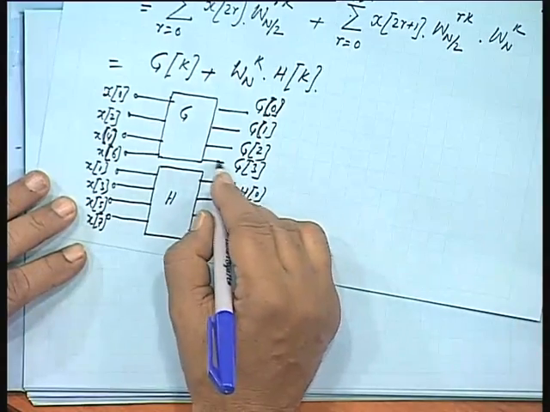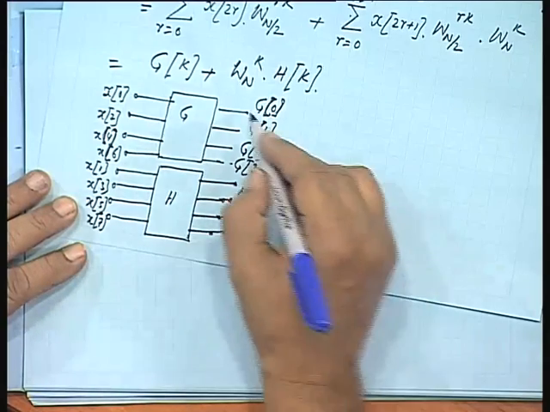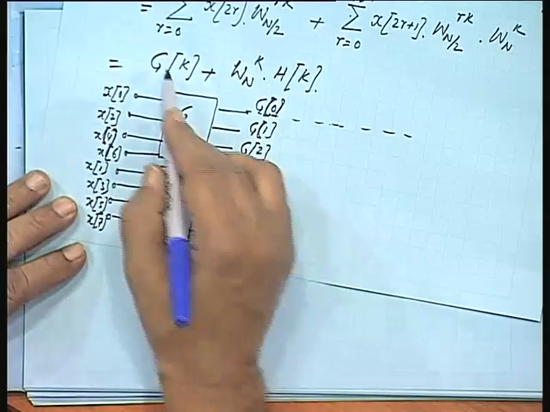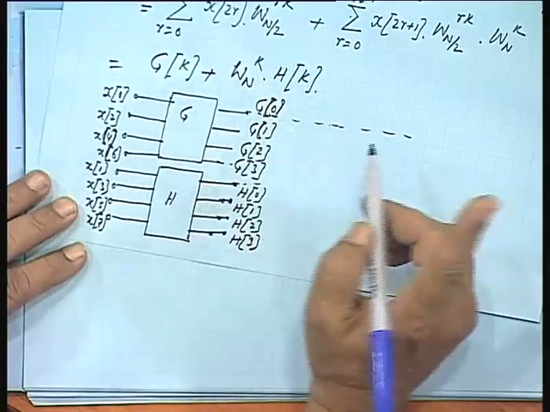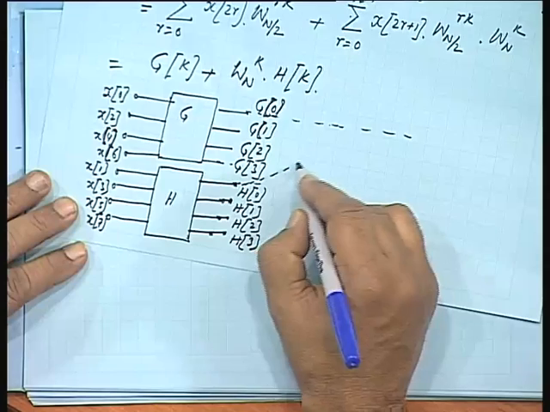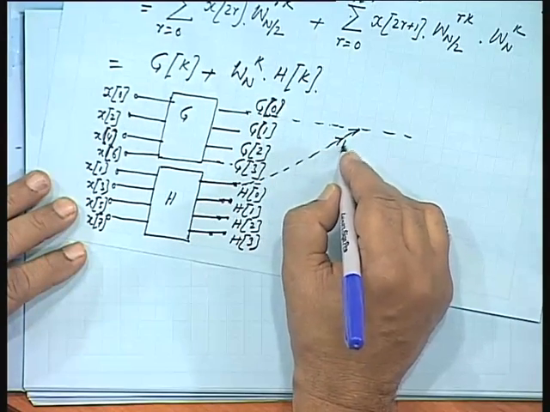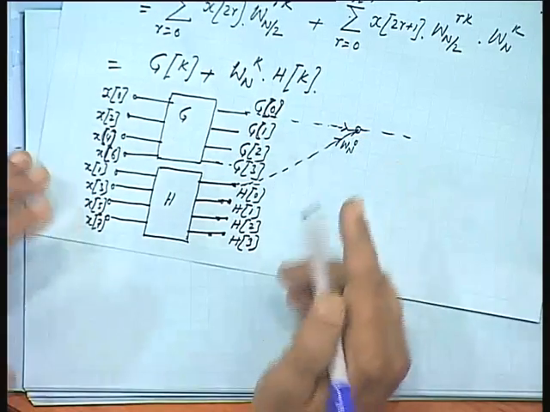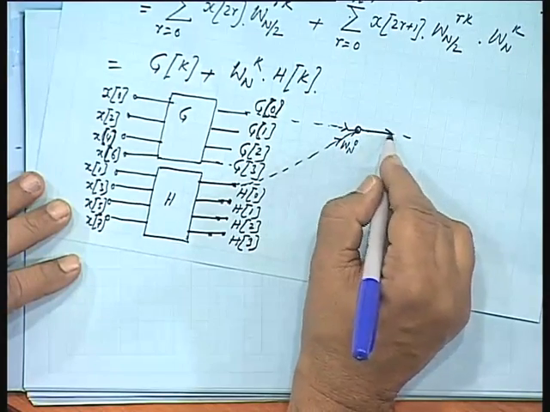So, it looks like this. G plus H: when k is equal to 0, W_N^0 is 1. So, G0 plus H0, this is multiplied by W_N^0, and in the signal flow graph you use this as addition when they are going inward.